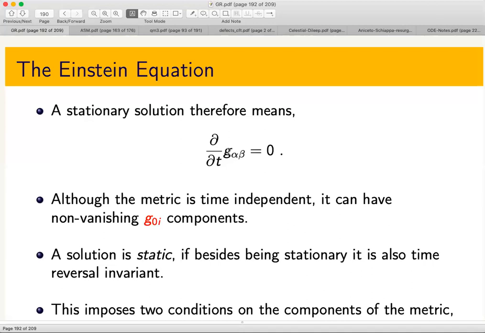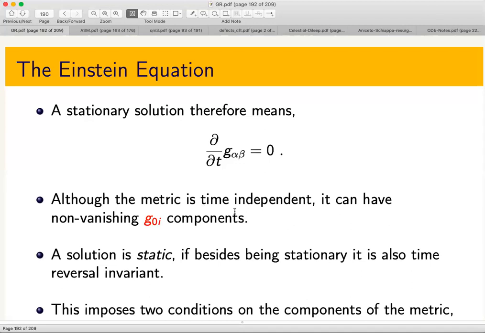Now, what we want to do is to define a static solution, and again, this is a definition. A static solution is defined as a solution which is stationary, that means it satisfies this condition, and in addition to that, it is time reversal invariant. Now, what I was saying was, when you write down a line element, d tau squared is equal to G alpha beta dx alpha dx beta, then G alpha beta dx alpha dx beta contains a term which is G0I dx0 dxi.